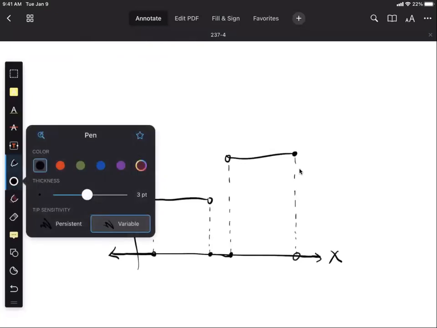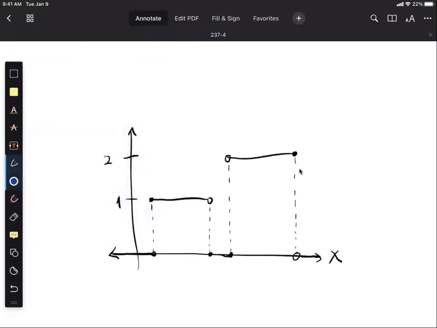Again, the graph would consist of this portion, and everything else is 0. So let's say this is the graph of your simple function f. The heights would be 1 and 2, and this interval here would be the inverse image of 1, and this would be the inverse image of 2.